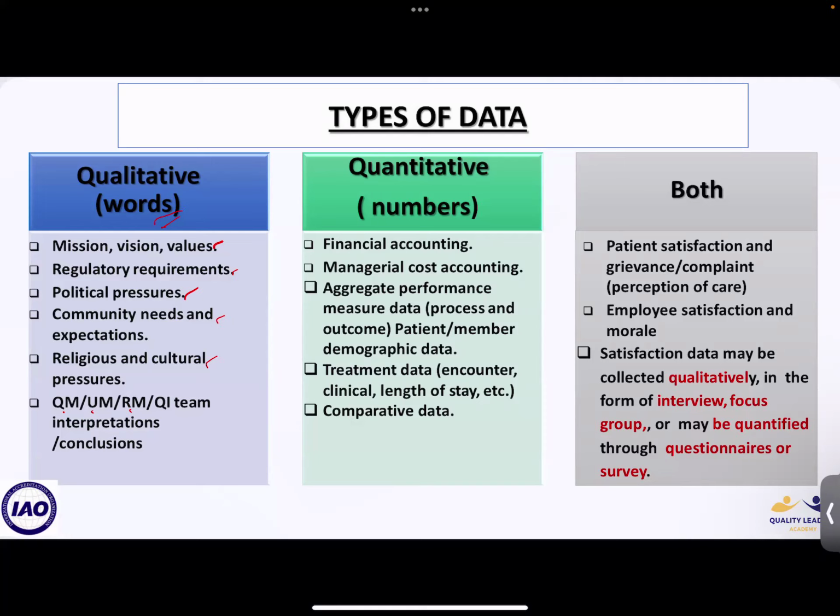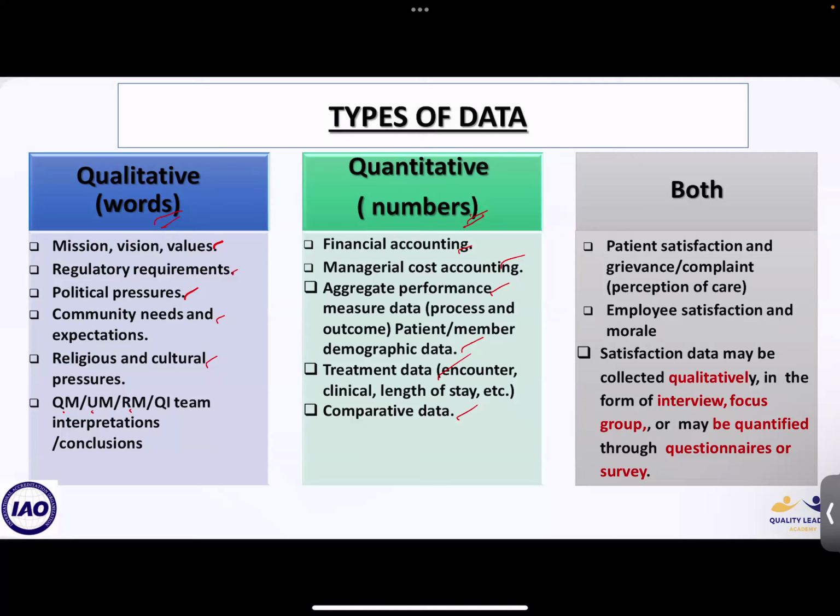Or it's quantitative data, which is numerical or numbers data, such as financial accounting, managerial cost accounting, aggregate performance measure data, patient member demographic data, treatment data, and the comparative data. So it is quantitative.